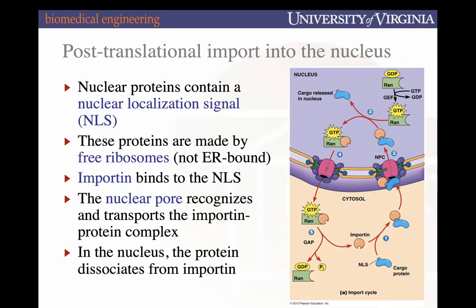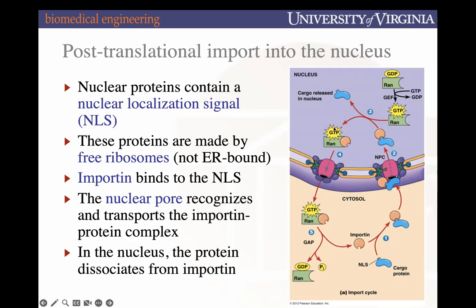Importin binds to the nuclear localization or NLS sequence on the translated protein. The nuclear pore complex recognizes the importin protein complex, and once it recognizes it, it enables it to be transported into the nucleus. Once that happens, importin has an affinity for another protein called RAN, so it dissociates from our cargo protein and binds to RAN, and it'll be carried by RAN out of the nucleus back into the cytosol, where it's RAN GTP.